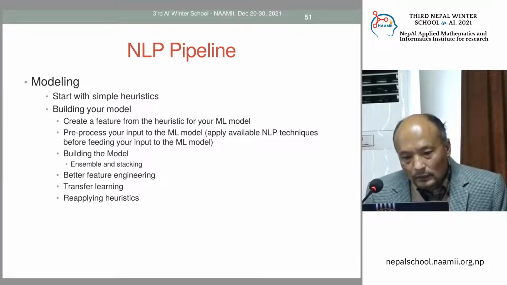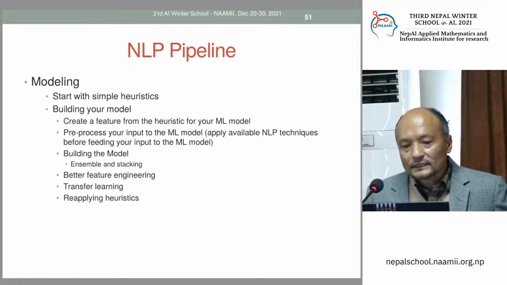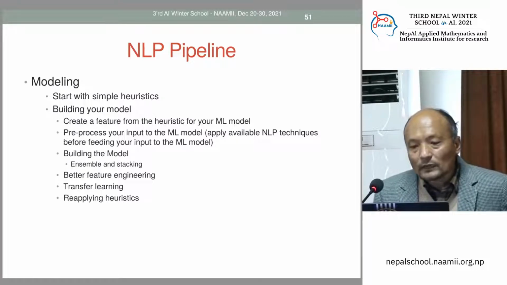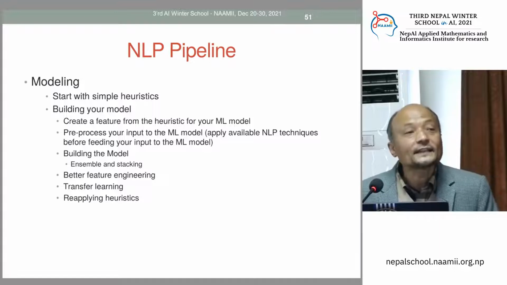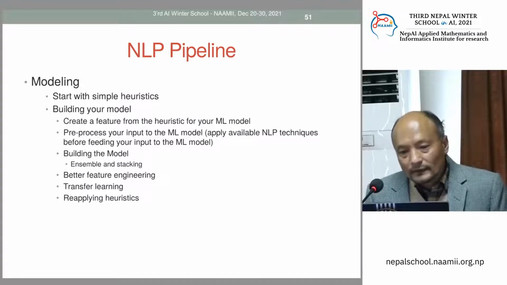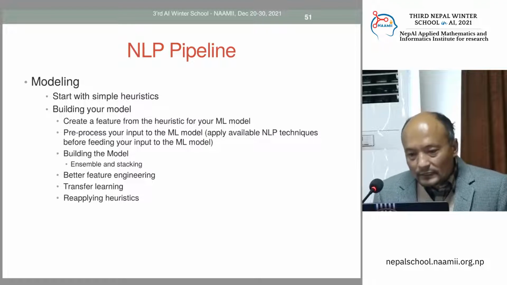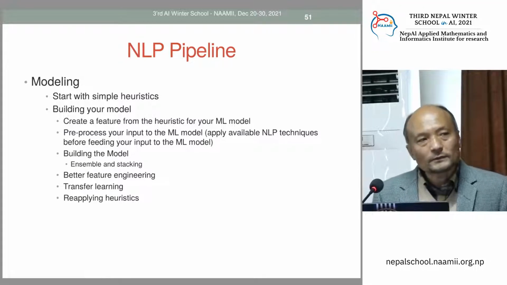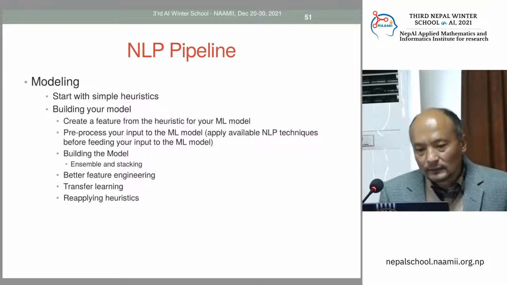Create a feature from your heuristics for your ML model. Pre-process your input, applying available NLP techniques before feeding it to the ML models. Don't directly feed your input to the ML model without sufficient NLP pre-processing.